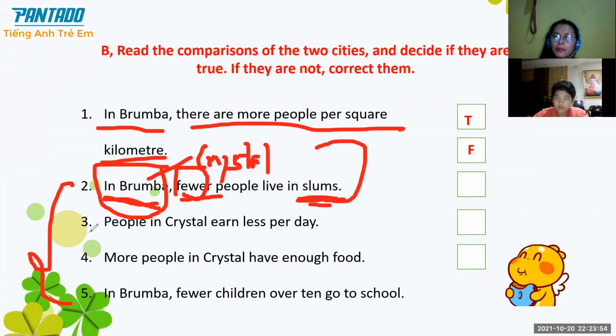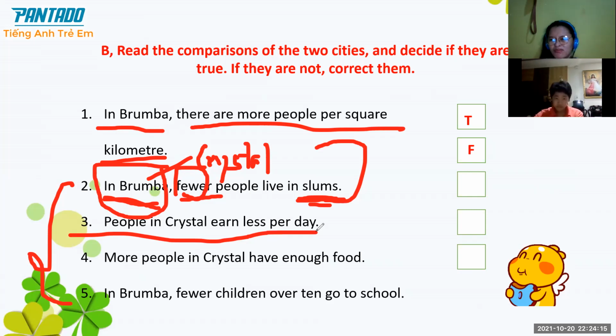Okay, how about number 3? Try to read number 3 for me and select the best answer.